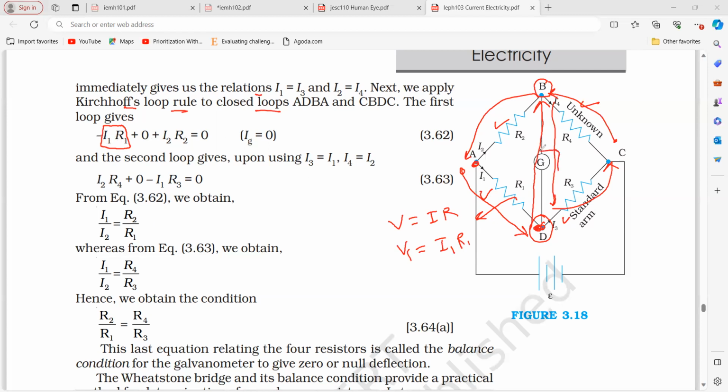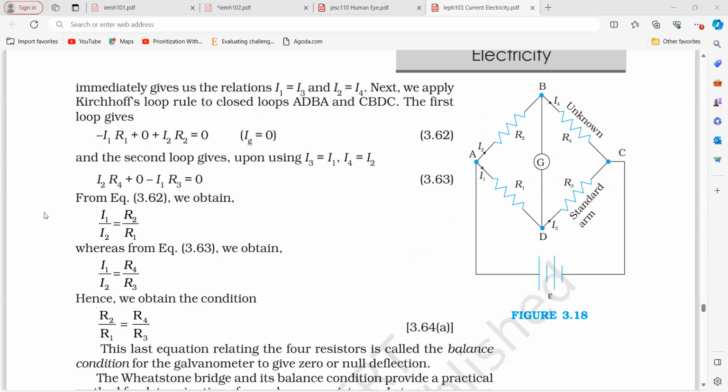We know for the balance condition, current through the galvanometer is 0. So we put a 0 here. Now the current is flowing from A to B, but we are going from B to A so that our loop gets completed.